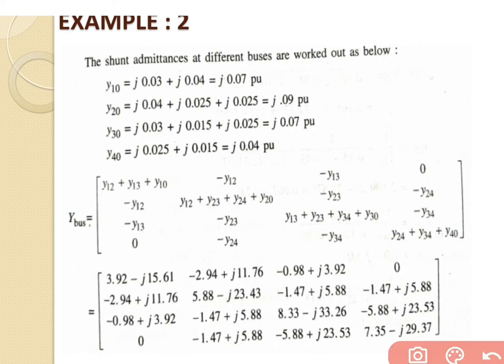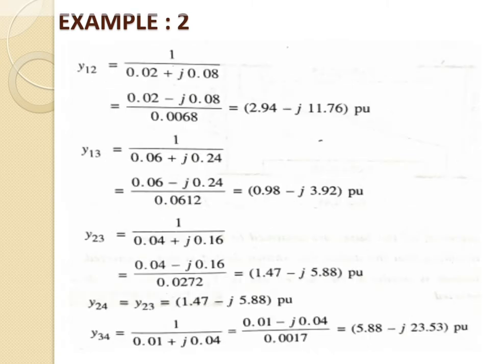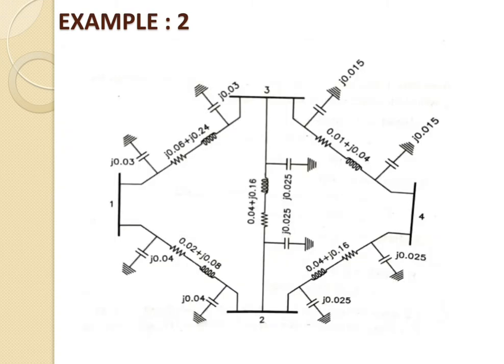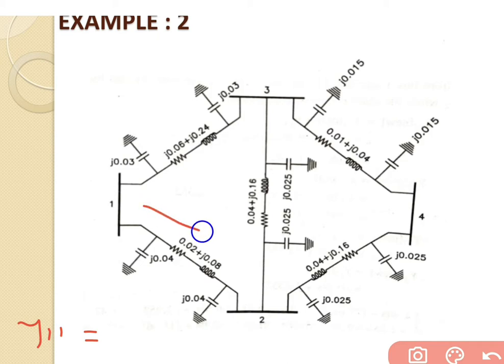But the main important thing is how we write the equation for y11. So y11 is equal to y12 plus y13 plus y10. For that, go to the figure. The first line is connected between 1 and 2, so it is written as y12.